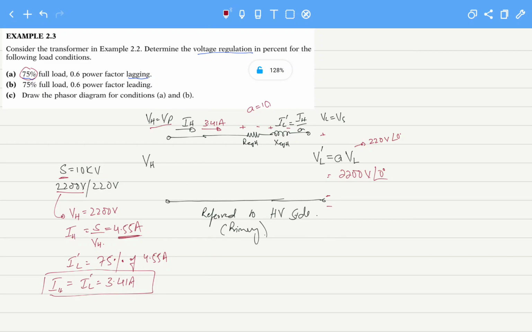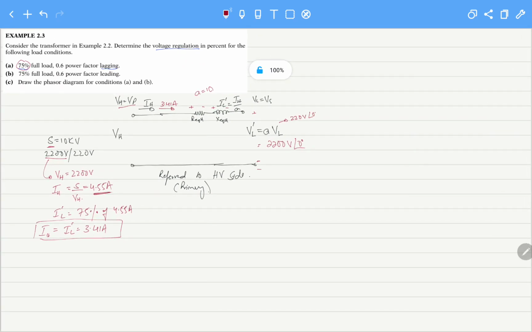Okay, the next part is 0.6 power factor leading. We have the current, and we have to calculate the angle for the current. For the angle, we have power factor cos theta equals 0.6, so theta will become 53.13 degrees.